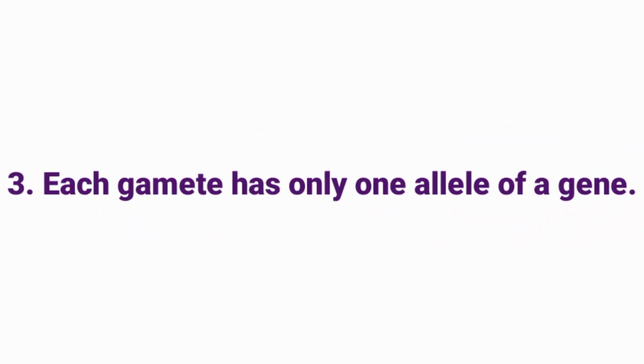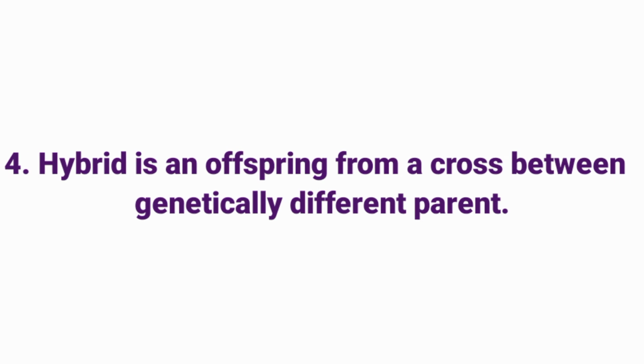Each gamete has only one allele of a gene. Answer true. Hybrid is an offspring from a cross between genetically different parents. Answer true.